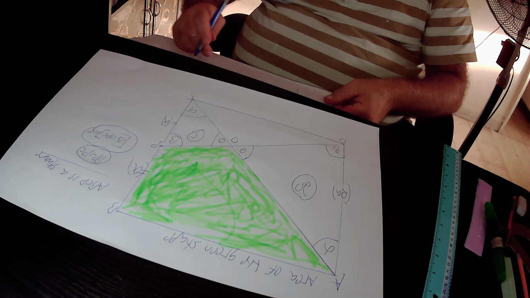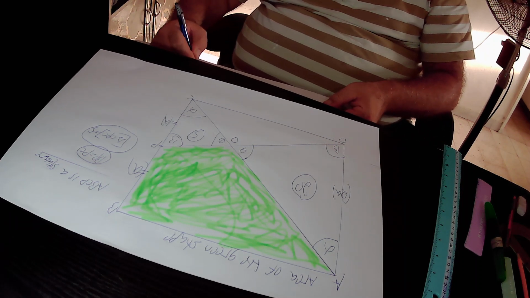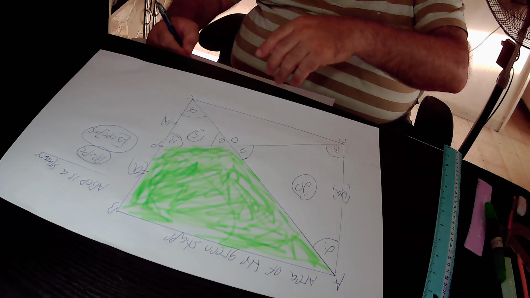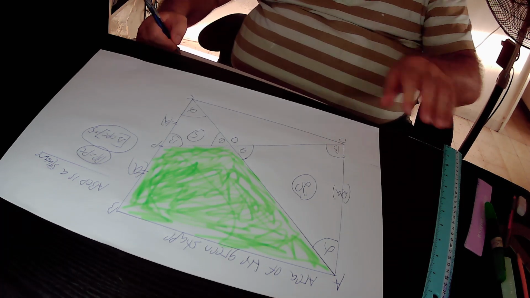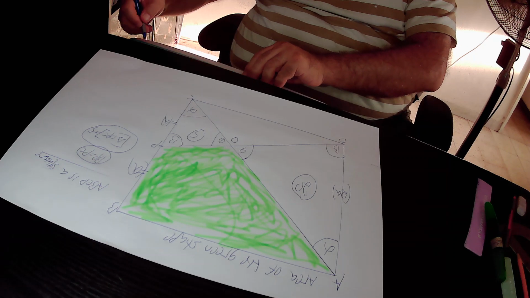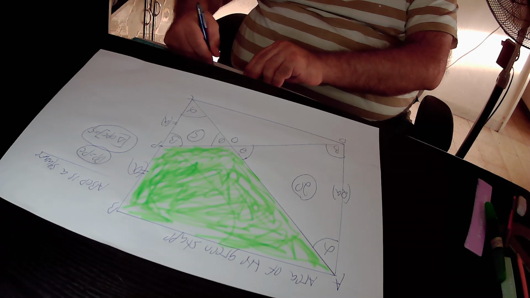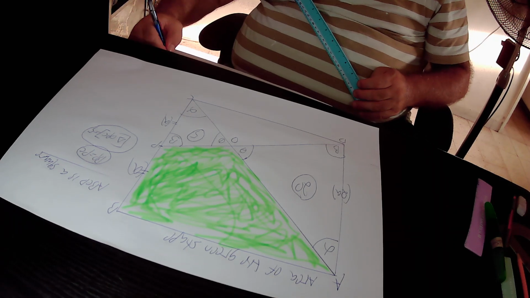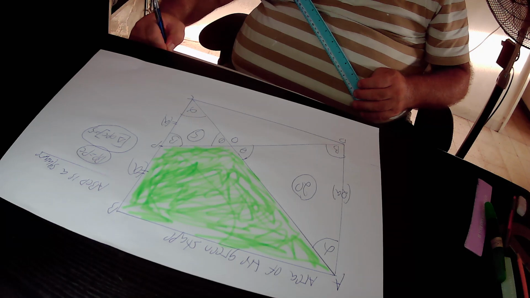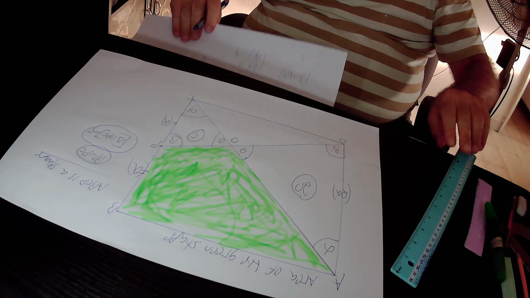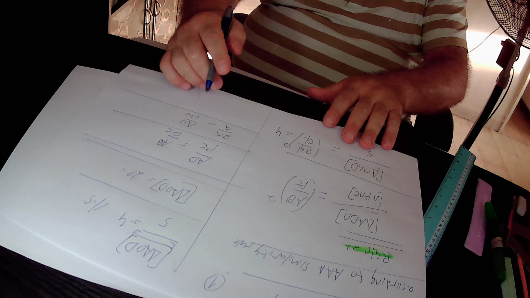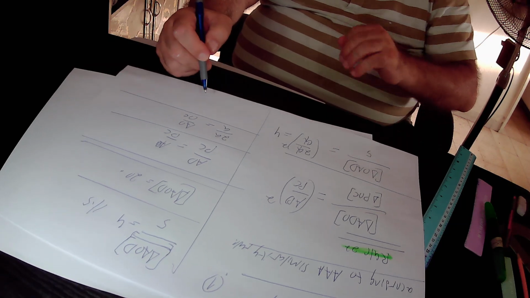AD is 2A over PC. PC is A, and it is equal to AO over OC. So we found that 2A over A equals AO over OC.